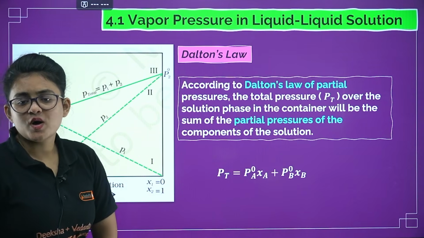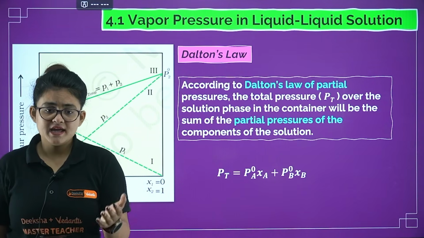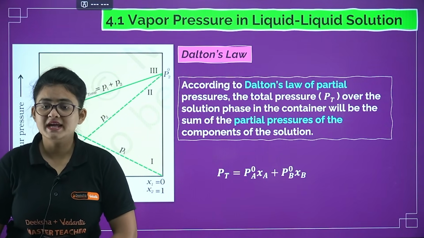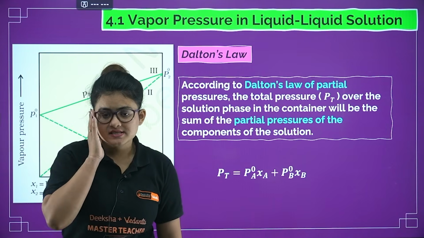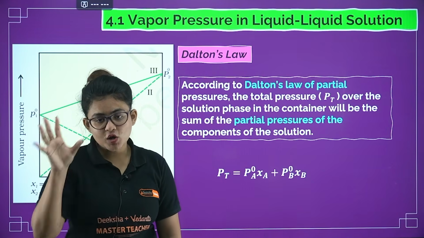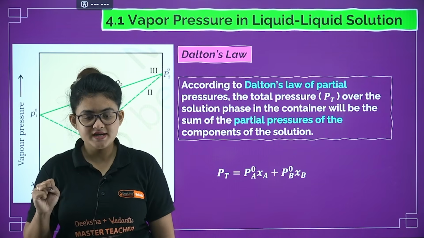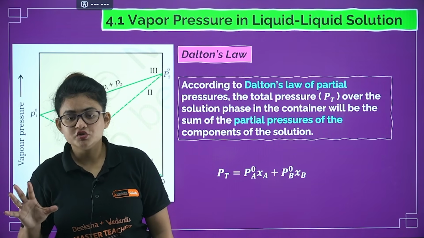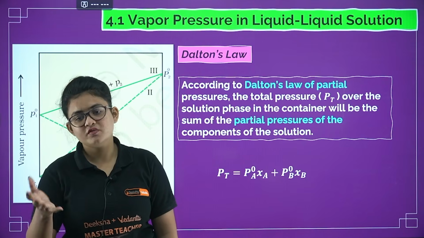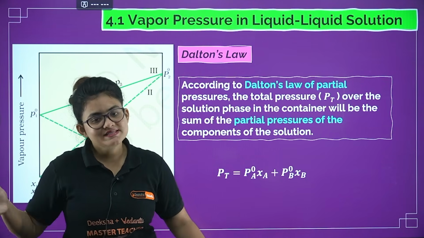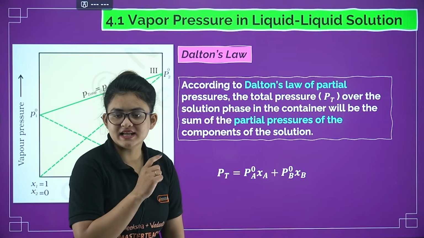So now from those particular cases, PA and PB, what can we tell? We can apply here Dalton's law of partial pressure. It says, if you want to calculate the overall pressure of the solution, I am having the pressure of A and the pressure of B, so I can simply add them. That is Dalton's law.